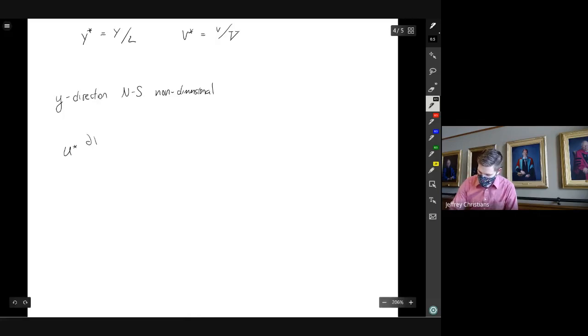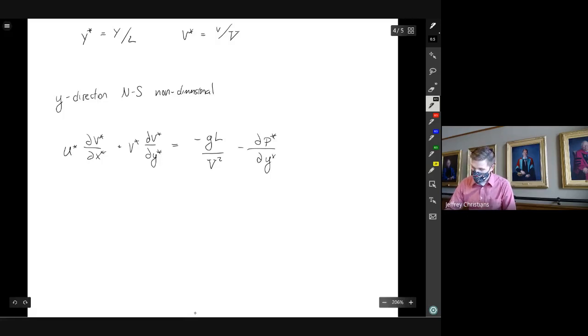U star dv star/dx star plus v star dv star/dy star equals minus gL over V squared minus dp star/dy star plus mu over rho V L times d squared v star/dx star squared plus d squared v star/dy star squared.